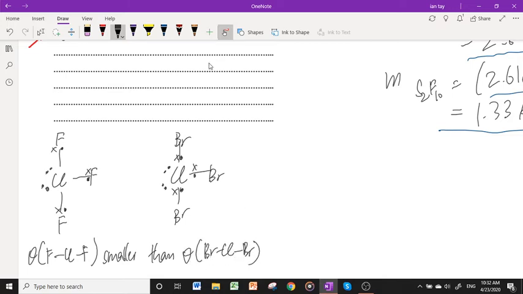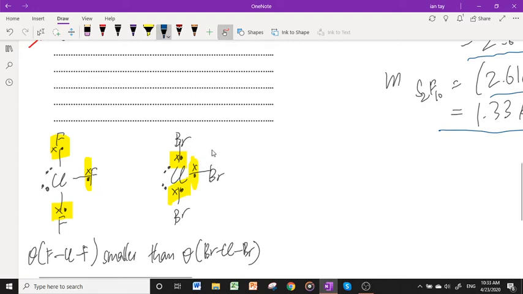Okay, so it's quite obvious once you start to take a look at where the bond pair of electrons are. In the Cl-F bond, they are closer to the F atoms, because F is more electronegative than Cl. But in the Cl-Br bond, it's closer to the Cl atom, because Cl is more electronegative than Br.